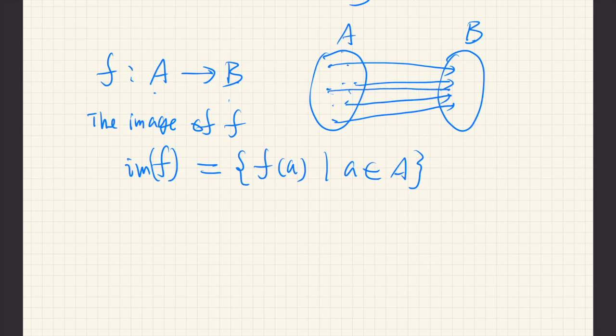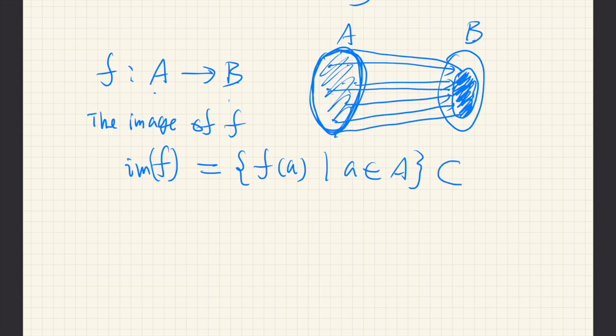That means the entire set A is mapped inside the set B. Everything here is somewhere in B. So it forms a subset of B, and that is the image of f. So this image of f is a subset of B.